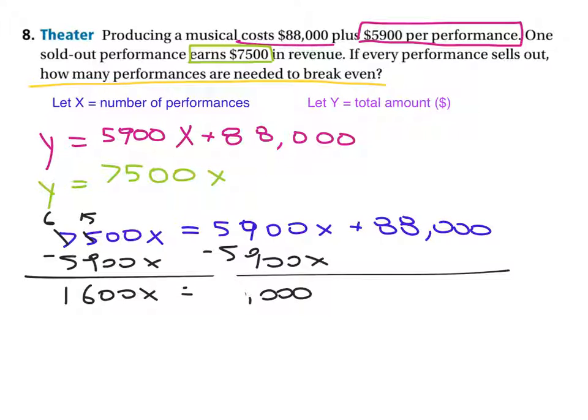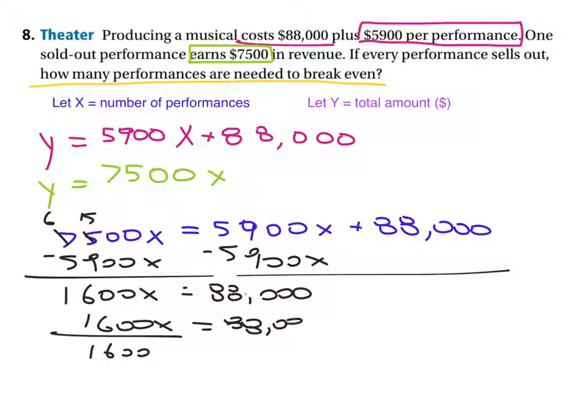Sorry, 88,000. And then if we divide both sides by 1600, we get x equals, and I'm going to do the math over here. First thing that I'm going to do is cancel out two sets of zeros, and I'm going to do 880 divided by 16.